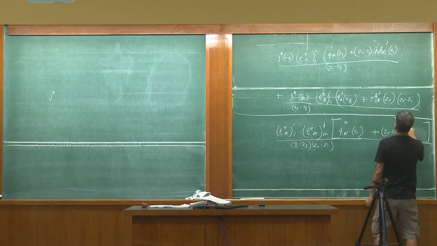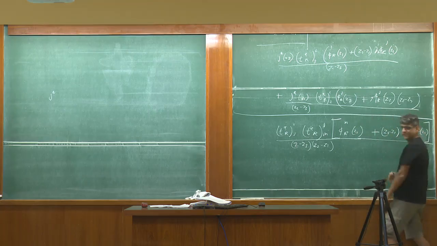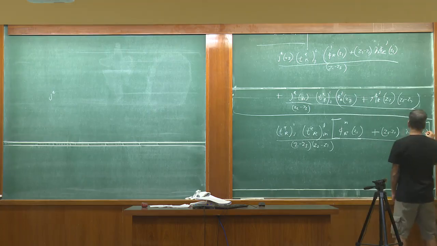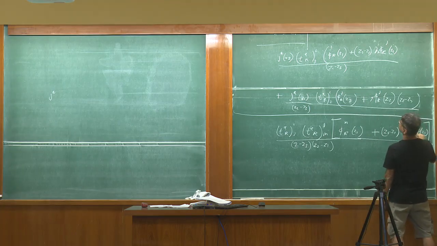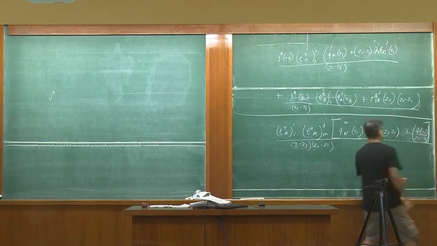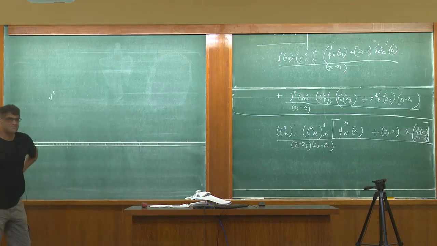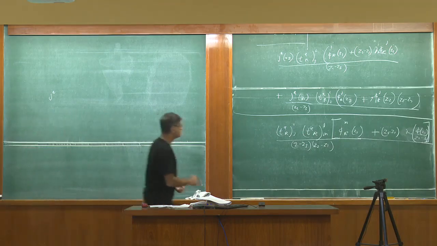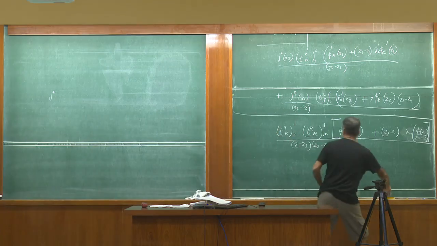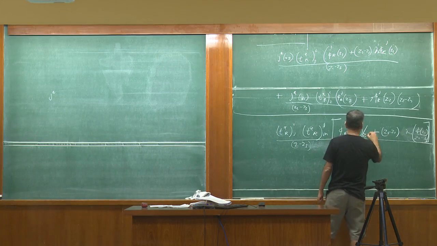So that is del Z1 of phi of Z1 divided by Z2 minus Z1. Right, now I think it's right. Then that factor won't be there, Z2 minus Z1 for the second term in the denominator. You're right. So this is divided by Z2 minus Z1.